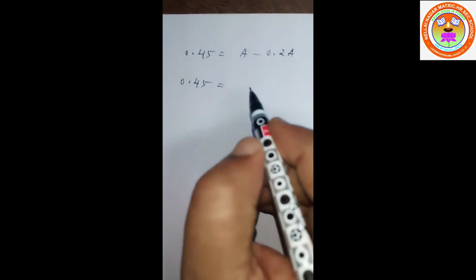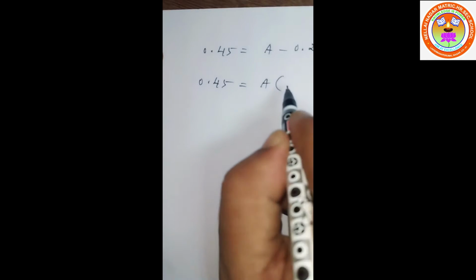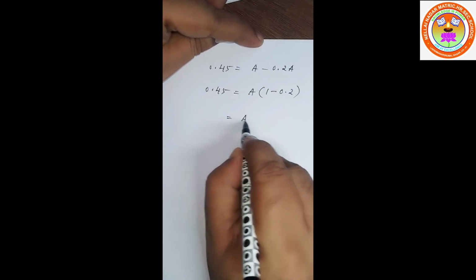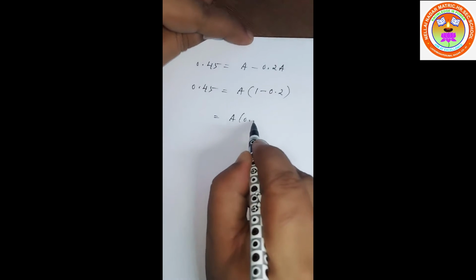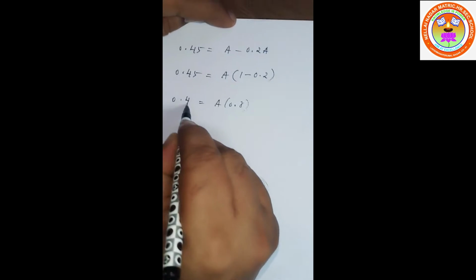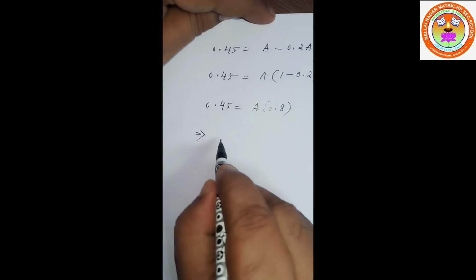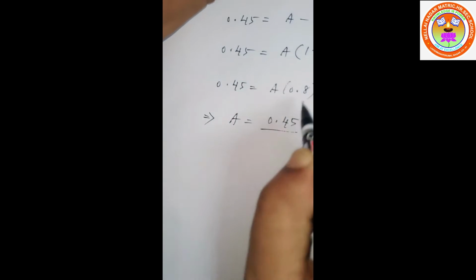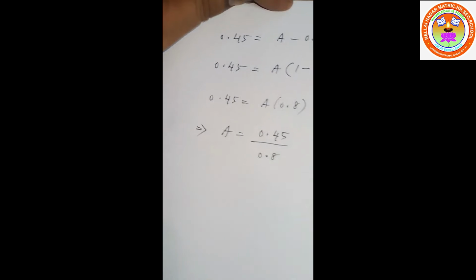So 0.45 is equal to, taking A as common, 1 minus 0.2, that is 0.8. This is how to find the value of A. A is equal to 0.45 divided by 0.8.